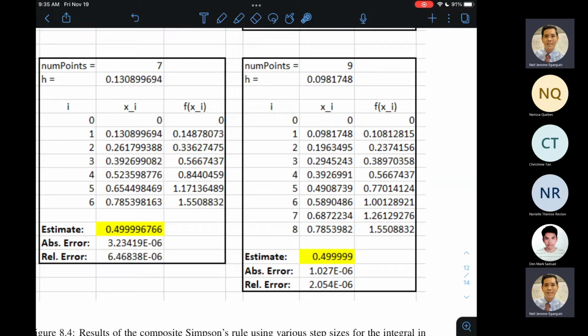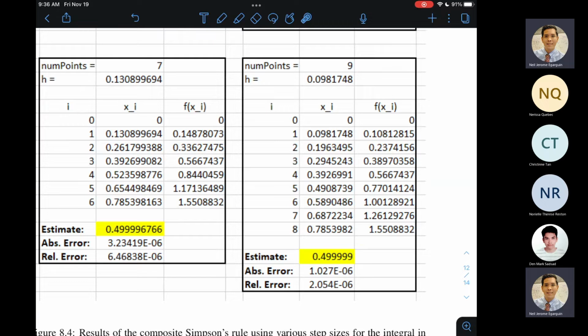Kung matatandaan nyo yung limit na kinuha natin, so yung total error comprised of the theoretical error and the machine error ay nag-approach ng positive infinity kapag kasi h ay paliit na ng paliit. That makes numerical differentiation schemes very unstable.